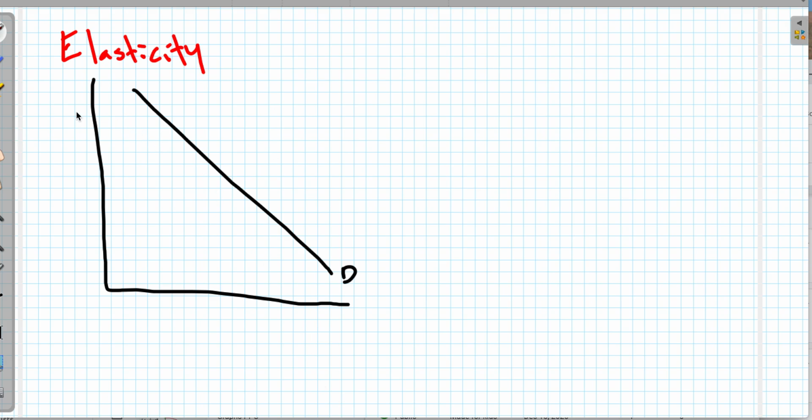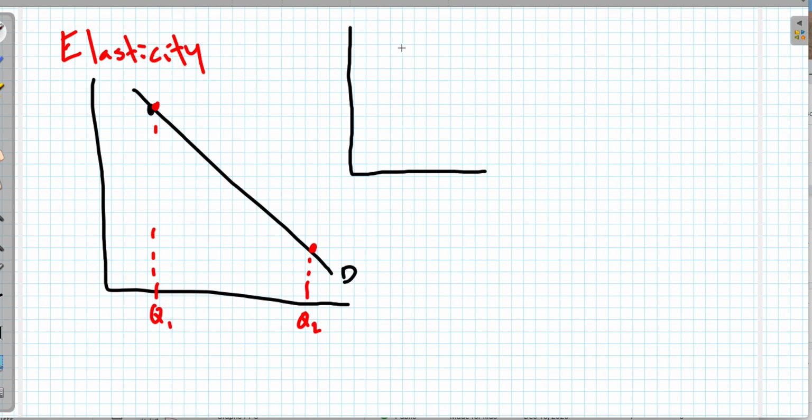So this means that as the price is really high, fewer people will buy it, right? So we're at quantity 1 right here, but if the price gets really low, more people will buy it, for quantity 2. So the question is, what happens when the demand curve doesn't look like that and it looks more like this?